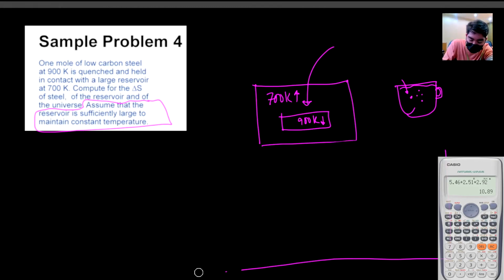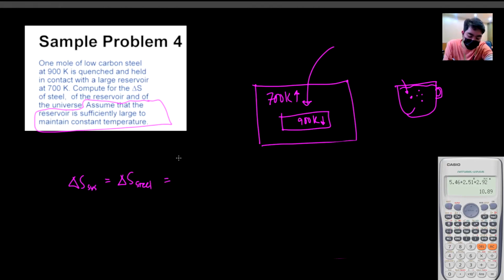So first, compute muna natin si delta S ng steel, no? And in this case, we can say that the delta S of the steel is the delta S of the system. So the delta S of the steel is equal to the quenching reservoir. So, ibig sabihin, it will eventually meet the temperature of the reservoir.